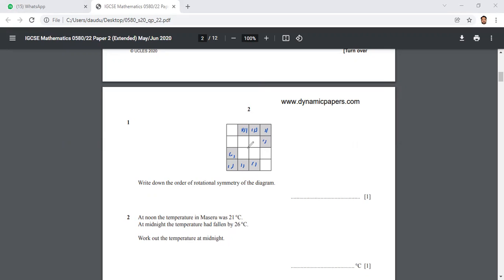Again, with 90 degrees, you will get the same position. So it means we can make 180 and 360. So the order of rotation symmetry of this diagram is 2. Another method you can apply on this question is using tracing paper. We move on next.